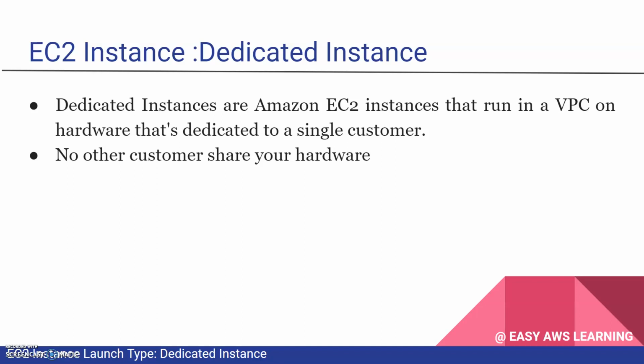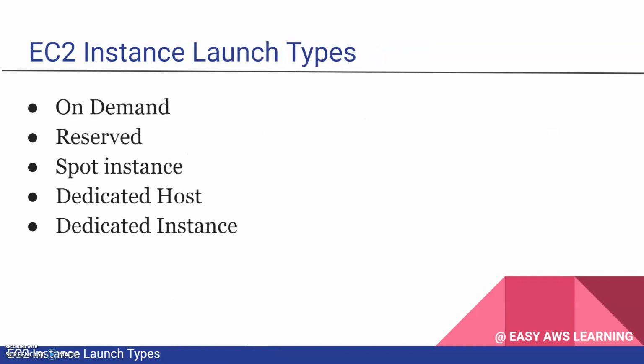So these are all the different instance launch types. The question is which instance type we should use. We cannot use reserved, because we have to pay more and make an upfront payment. For spot instance, we have to bid, and if someone else gives a higher price, we will lose the instance.